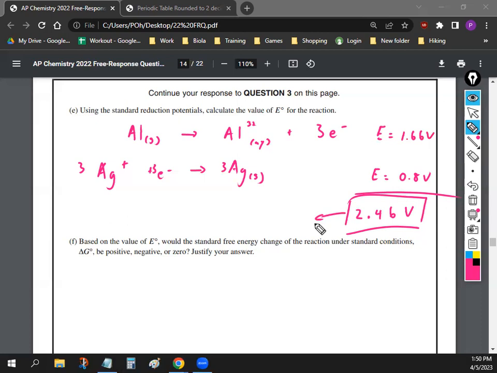What do we call that type of reaction? Yes, spontaneous. So if it is spontaneous, what's the value of delta G? Yes, it's negative. So delta G is negative because it is spontaneous, because it is the most positive E value. That's your answer.